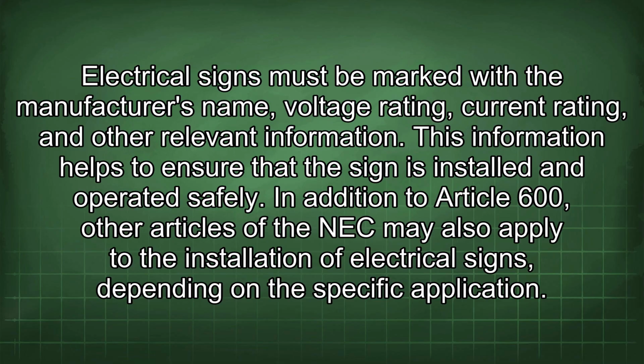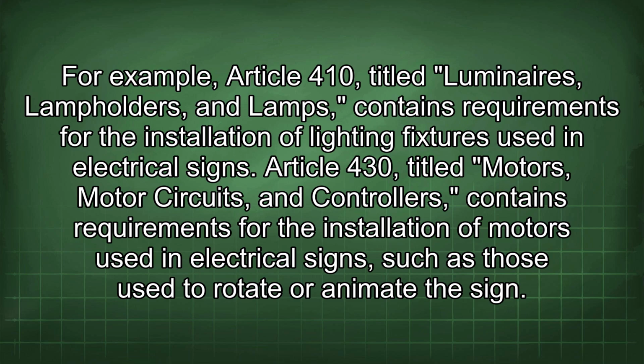In addition to Article 600, other articles of the NEC may also apply to the installation of electrical signs depending on the specific application. For example, Article 410, titled Luminaires, Lampholders, and Lamps, contains requirements for the installation of lighting fixtures used in electrical signs.